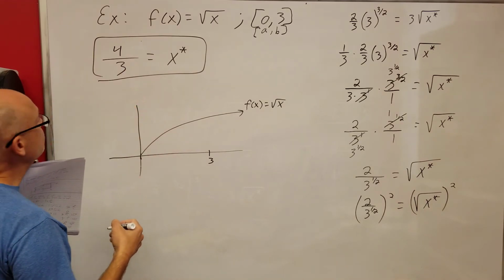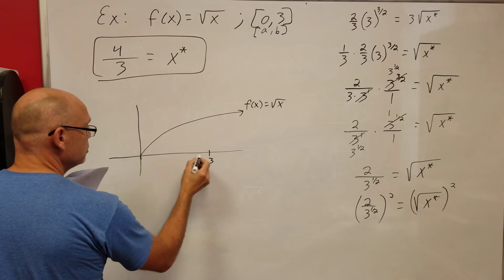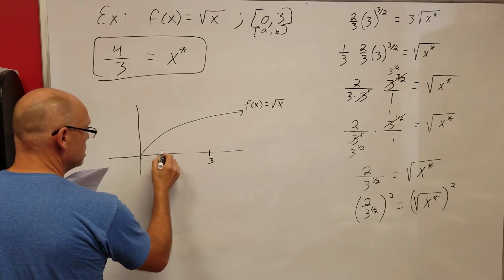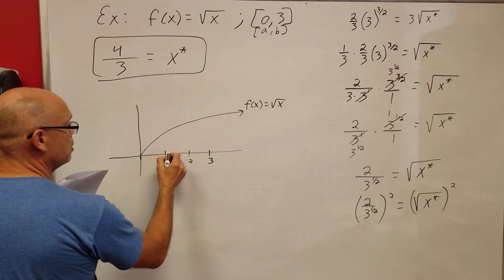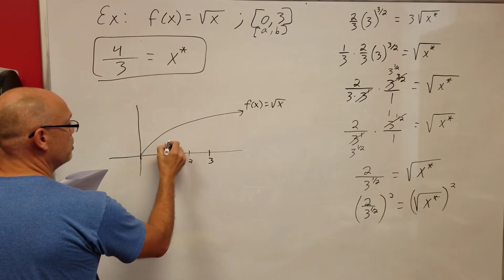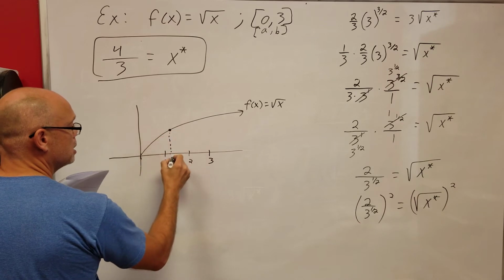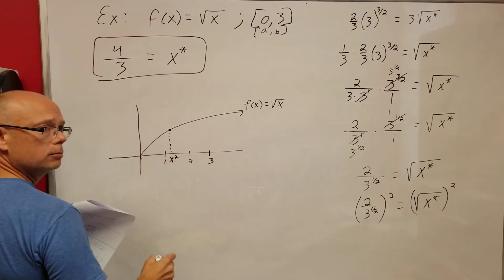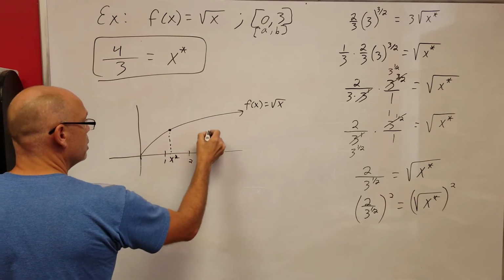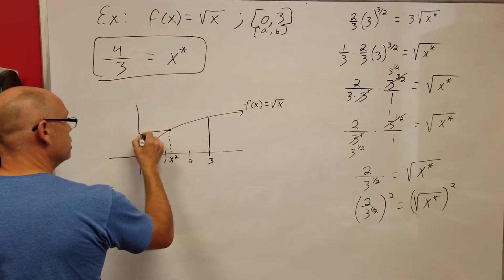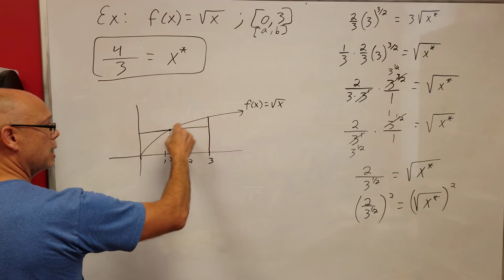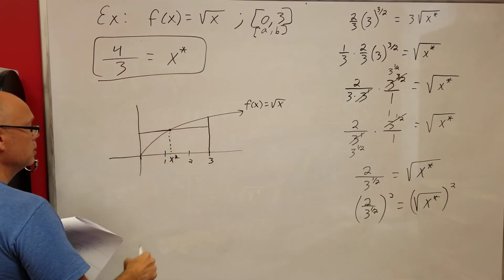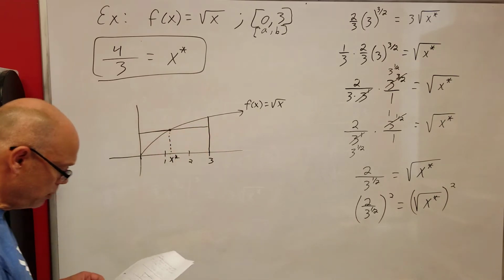That's 1 1/3. So that's 3, then this is about 1, that's about 2. So 1 1/3 maybe is about right here, and that's that x star value. Now, if I draw a rectangle from here to here, that looks like it'd have about the same area under that rectangle as I have under my curve. So I'm probably in the right ballpark.